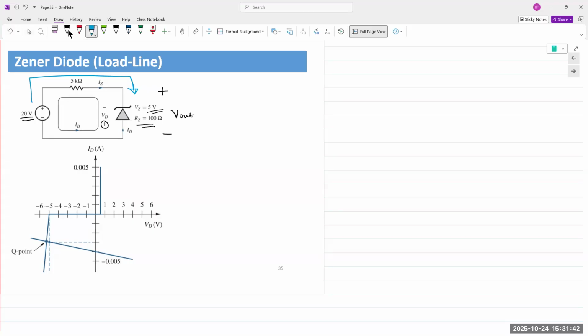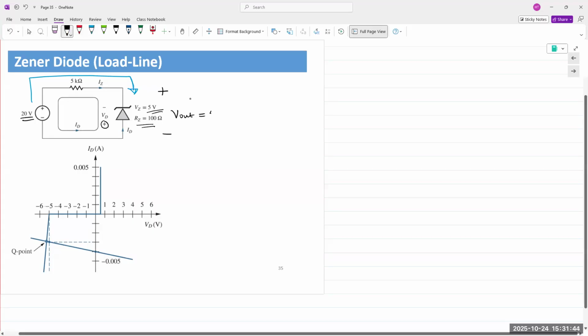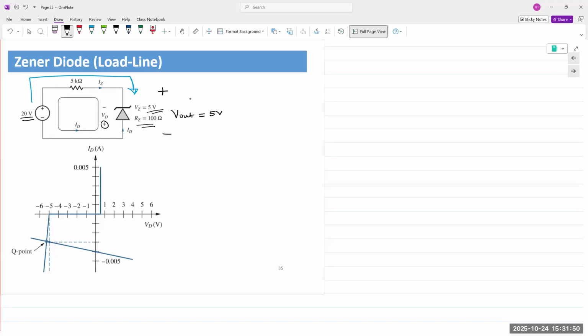So our Zener diode is rated for 5 volts. That means our V out must be 5 volts. RL or RZ is 100 ohms. That's the Zener resistance, the effective resistance of the Zener diode. That's the real life model. V out will equal VZ only when the Zener diode is on. The Zener diode is on only when V in is greater than VZ. Otherwise, the diode will be off, right?